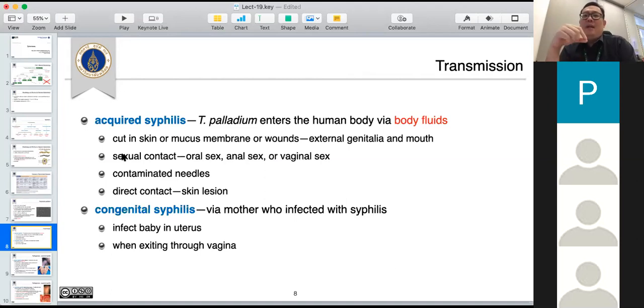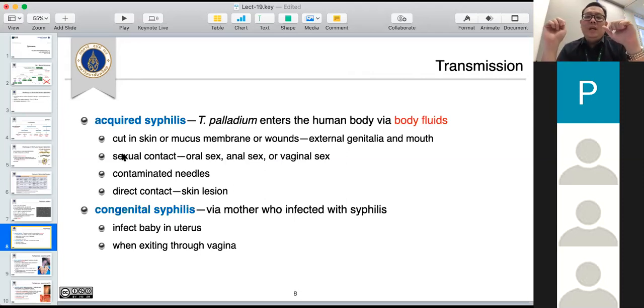Body fluid can be secretions or some fluid on the lesion. So it might happen when you get a wound or a cut or you contact the wound of an infected patient, and then bacteria in the wound of the infected patient penetrate your skin or your mucous membrane.